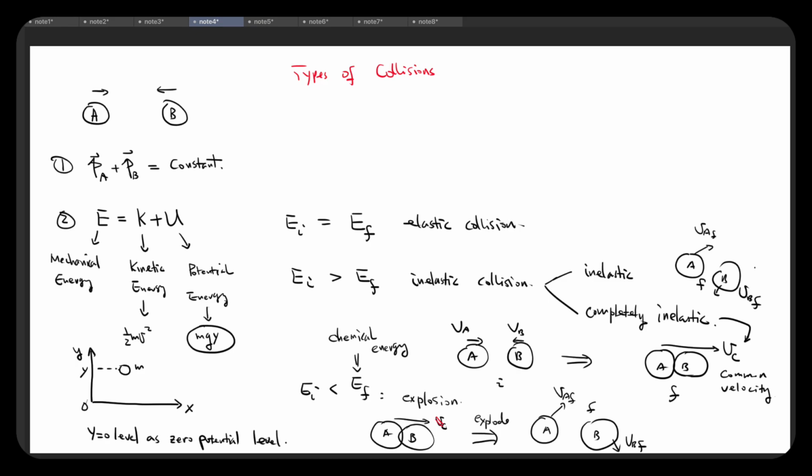So that's the different types of collisions. I hope that helped your conceptual understanding of the collision process. And next time we're going to talk about how to apply momentum conservation to study this collision process.